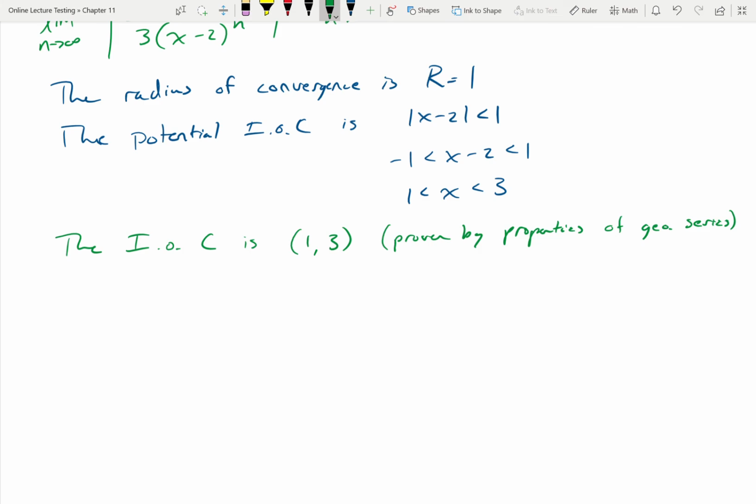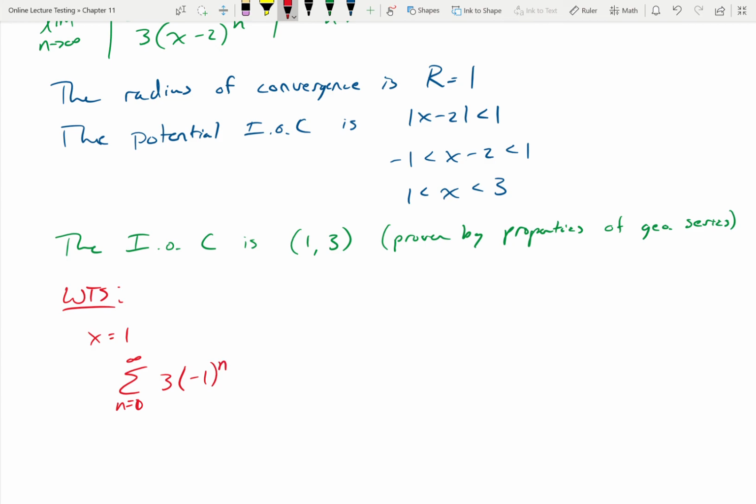So again, work to the side just to show. Since we already had it in a geometric series, I can already use this. So here, we say x is equal to 1. All right, that means we're going to get the series as n goes from 0 to infinity of 3 times negative 1 to the n.